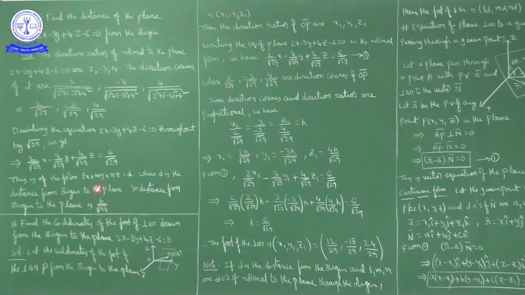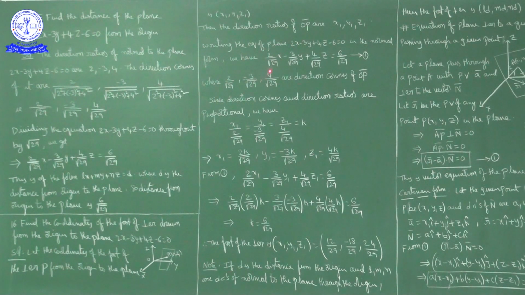Using the previous problem, we have 2 upon root 29 x minus 3 upon root 29 y plus 4 upon root 29 z is equal to 6 upon root 29. This is the plane equation in normal form.